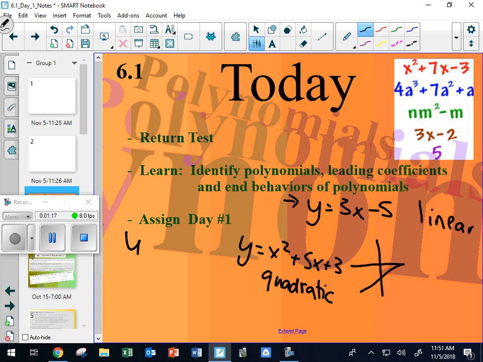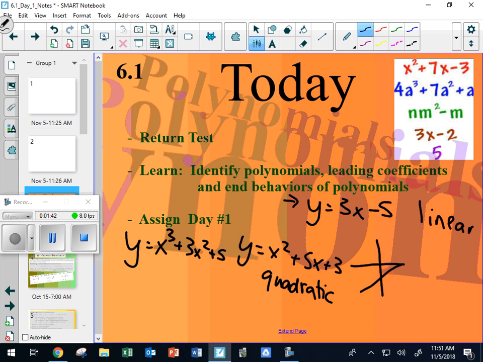What if it was y equals x cubed plus 3x plus 5? What would we call that? How would you say this? X to the third power, which is another way of saying x cubed.